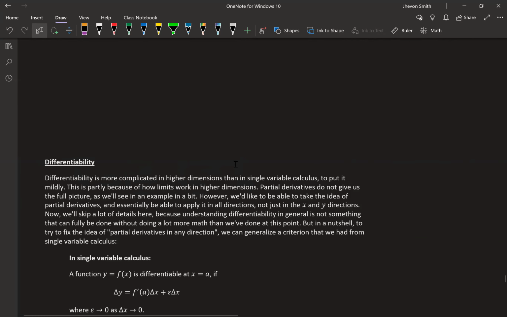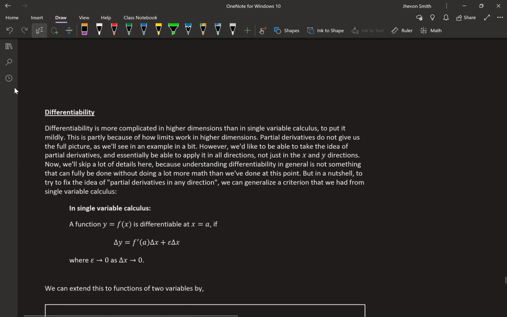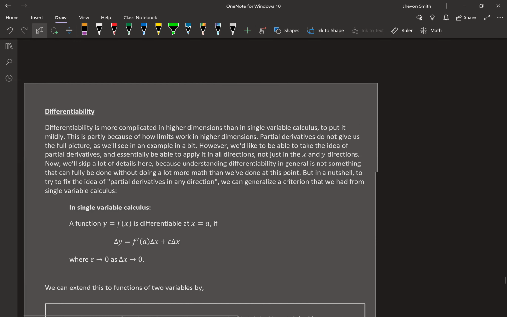That can work. Okay, now let's talk about differentiability. And I'm going to give you an example right here.